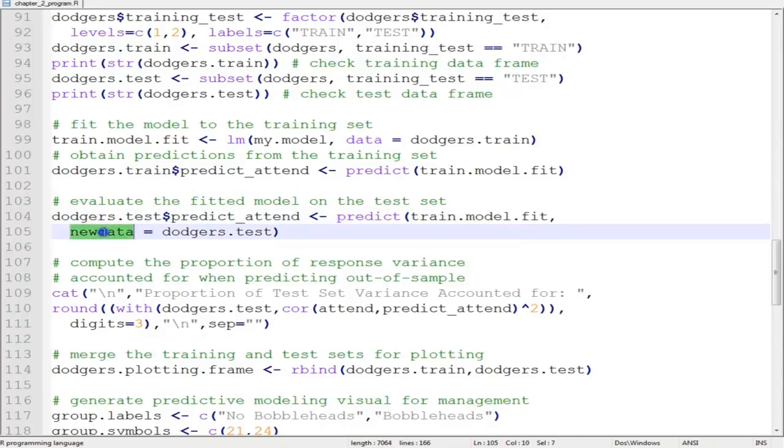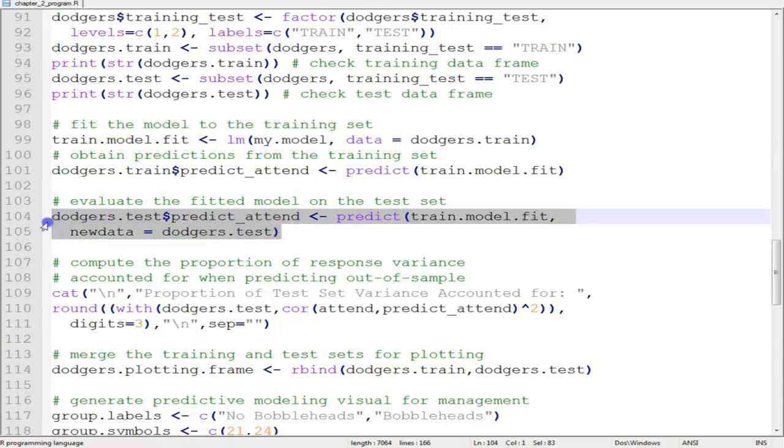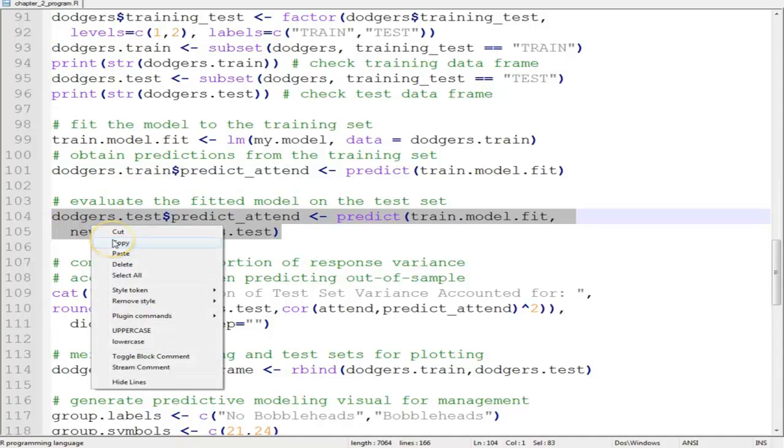There's a parameter called new data, and you can put this in there. So what data are we putting in now? We're predicting on our test set. Okay, so let's do that. Everybody do this one. Predict on your test set.